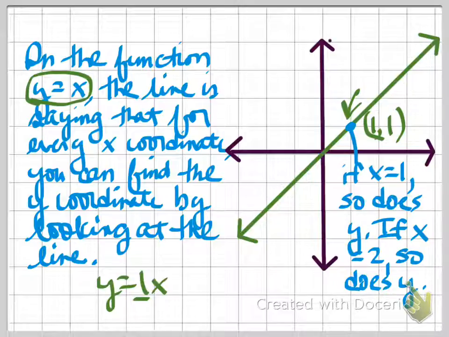Now, the way this works in a function is, if I were to substitute the 1 into this variable, what I'm saying is y is equal to 1 times 1. Well, 1 times 1 equals 1. That's why I went up 1 coordinate. If x equaled 2, then my y coordinate would also be 2.